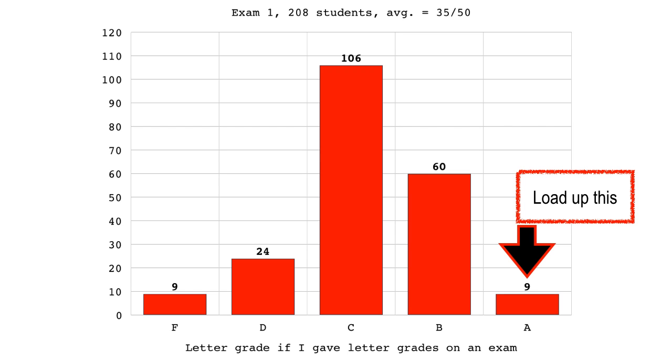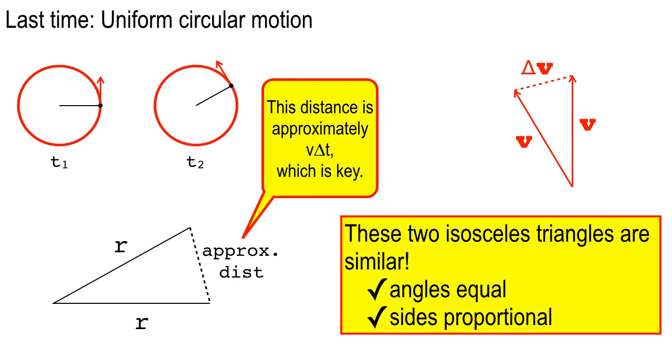Okay, let's keep going. Last time we were talking about this situation, I gave you an idealized view of an object on a circular path moving at constant speed, although not constant velocity because the direction was changing.